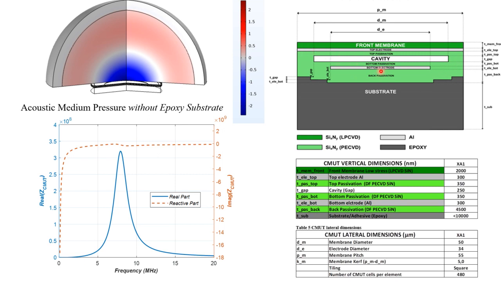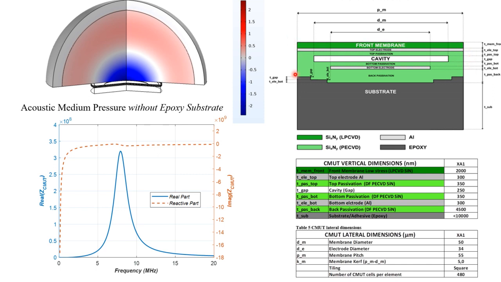The top and the bottom electrodes are made of aluminum, and the lateral and vertical dimensions are given as such. In short, the front membrane is 2 micrometers thick, and then you have about 6 micrometers of passivation, that is PECVD silicon nitride. This is LPCVD silicon nitride, this is PECVD silicon nitride.